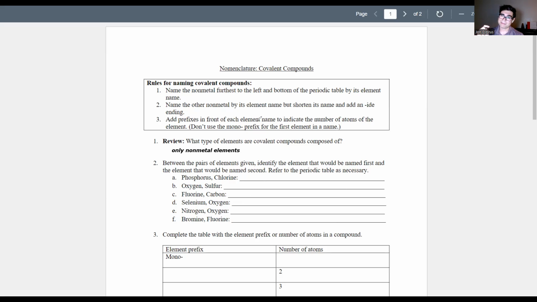If they're in the same group, you pick the one that's further down. So phosphorus is further to the left of chlorine, and I think it's in the same row. So phosphorus goes first.